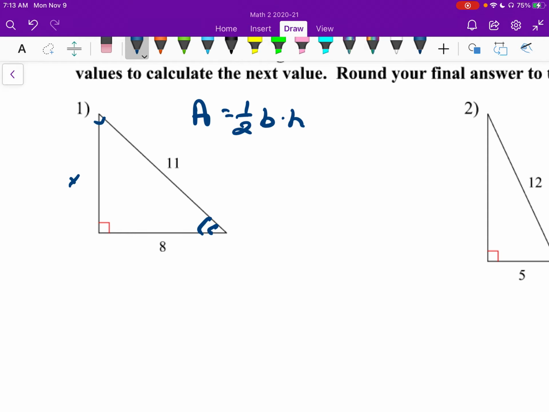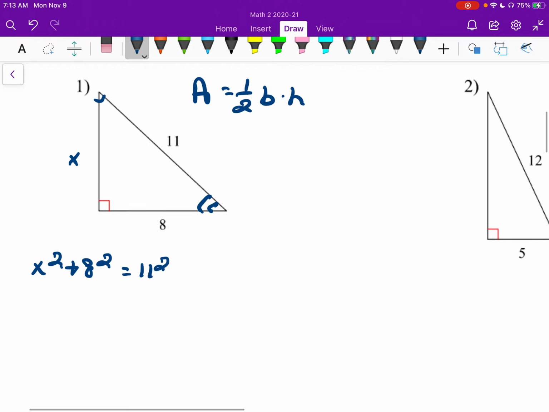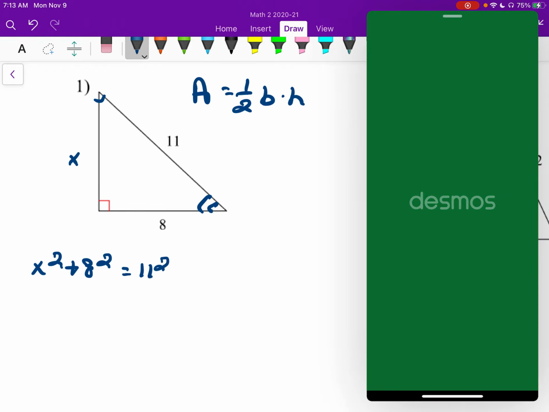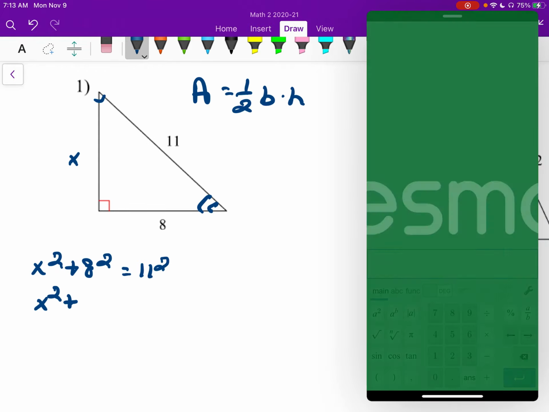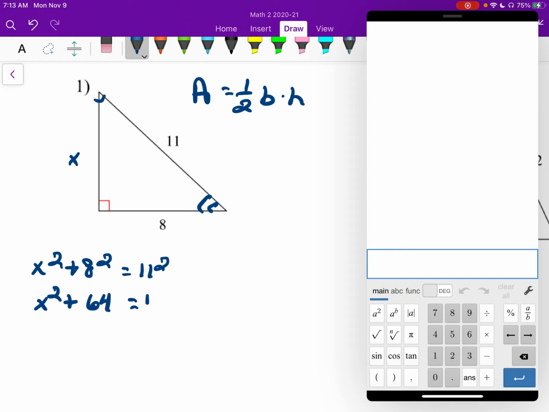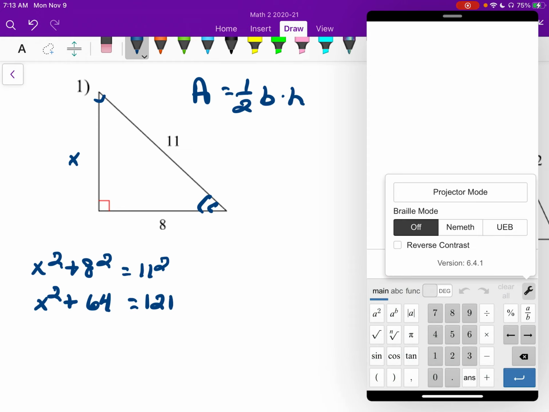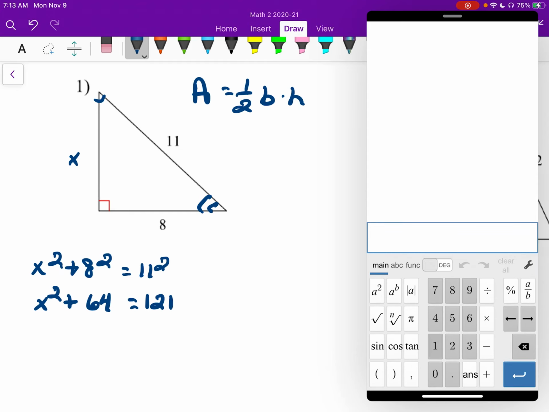So I'm going to call this x, and I'm going to say, well, x squared plus 8 squared equals 11 squared. So x squared plus 64 equals 121. If we take 121 minus 64, we get x squared is 57.